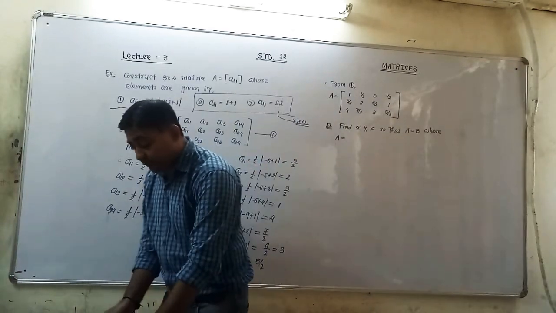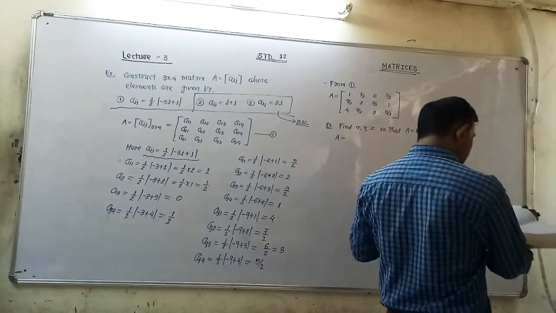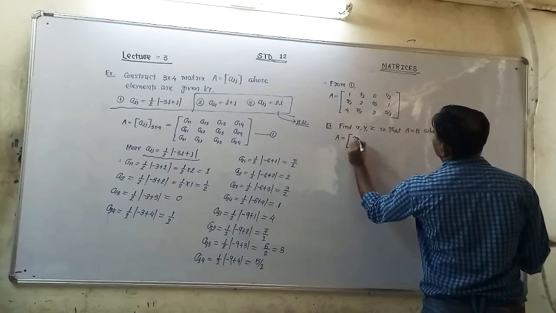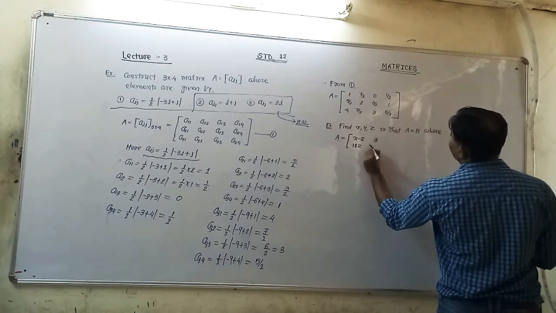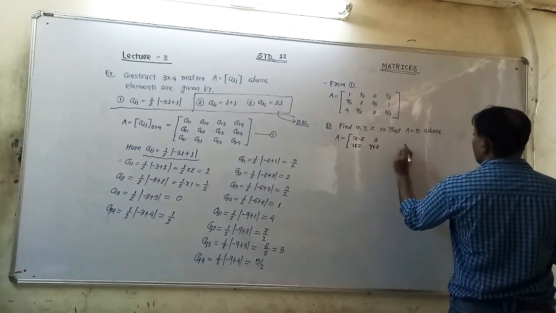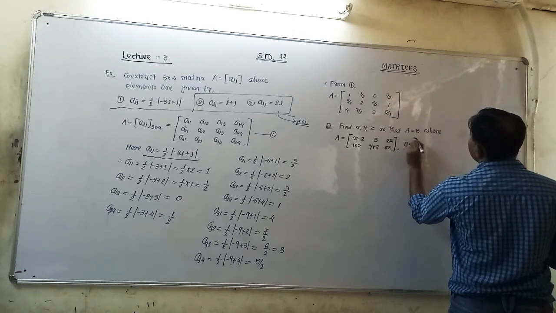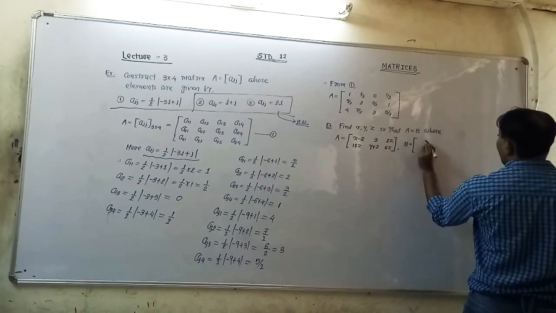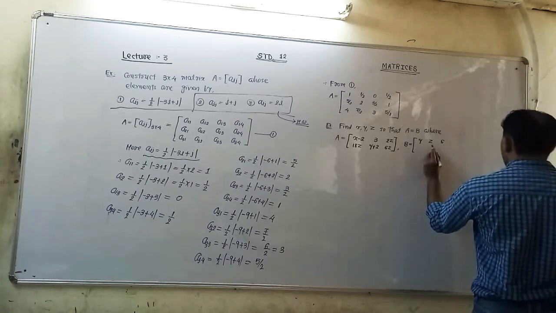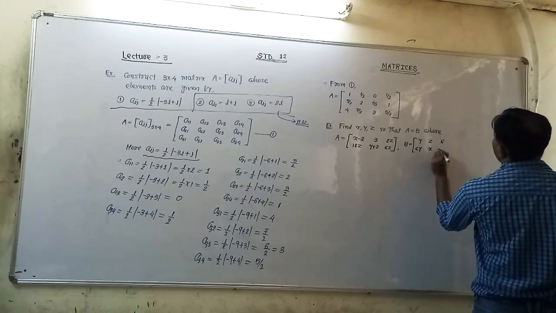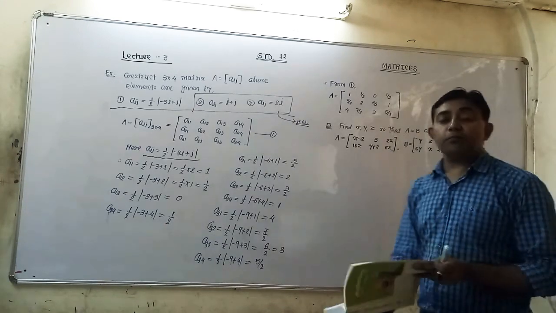Matrix A is given as: the first column is x minus 2, 18z, 3; the second column is y plus 2; the third column is 2z and 6z. Matrix B is y, z, 6; 6y, x and 2y. Our question is to find the value of x, y and z.